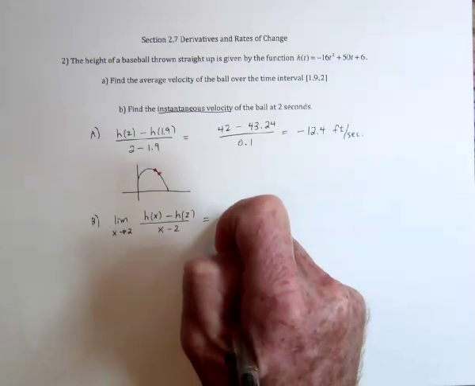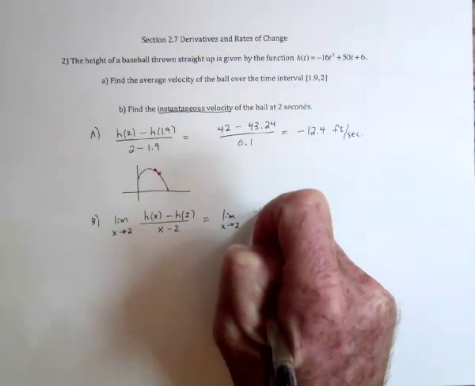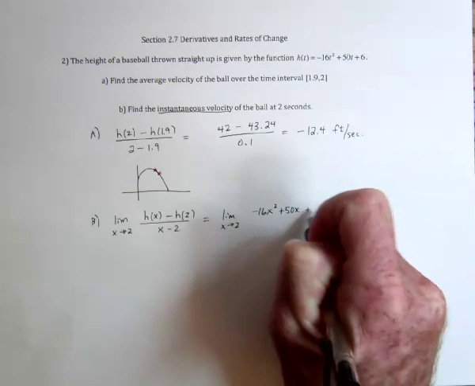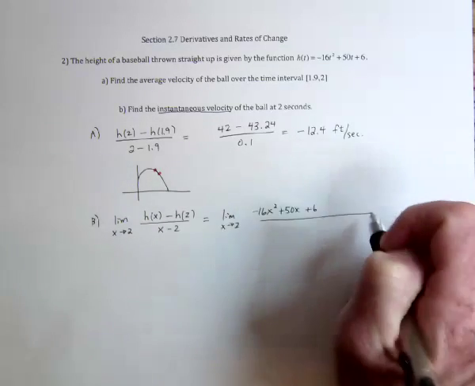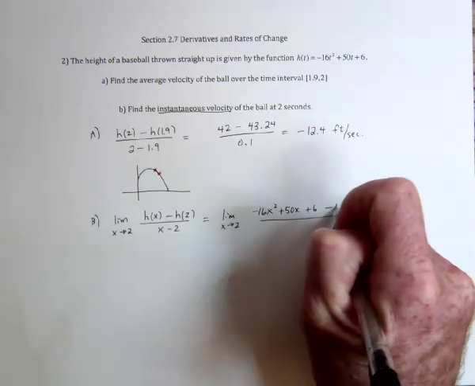Substituting x in there, of course, we get negative 16x squared plus 50x plus 6. And then when we substituted the 2 in there, that was the 42.